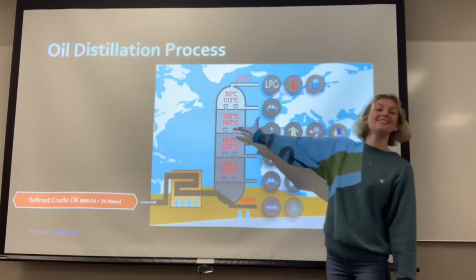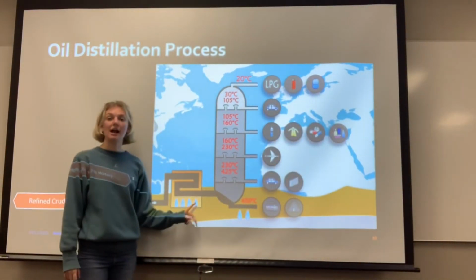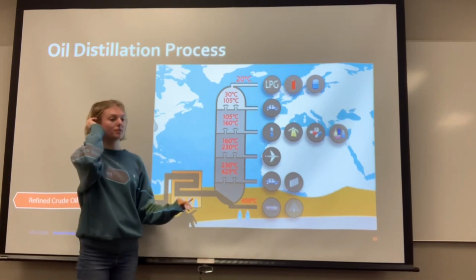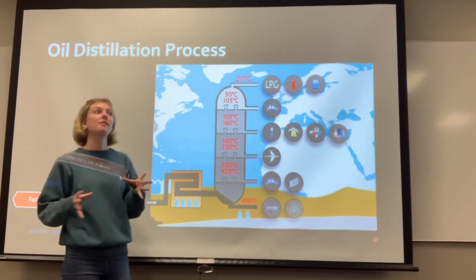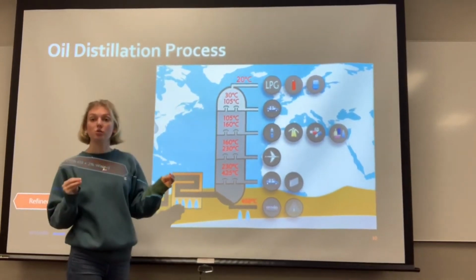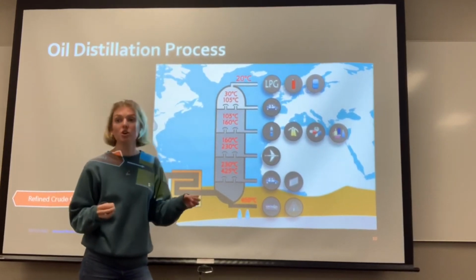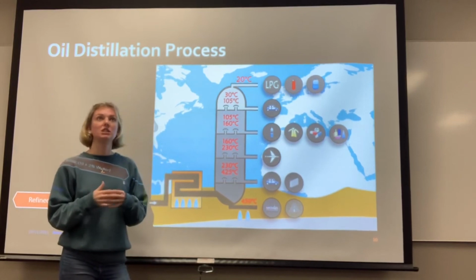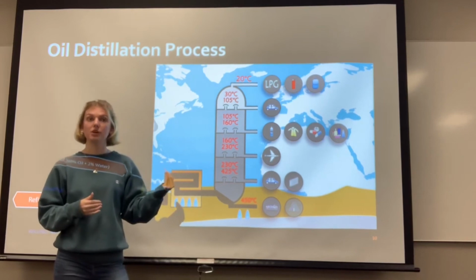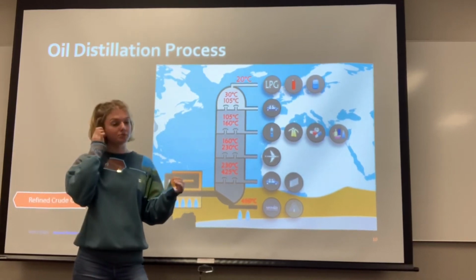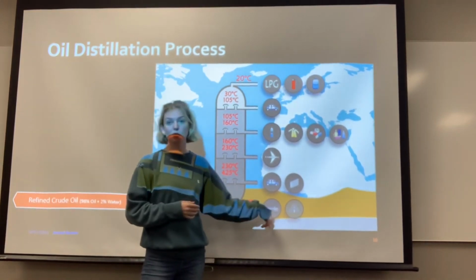So then we have the oil distillation process. Here we take the refined crude oil and we heat it up. Remember, I mentioned that this crude oil is a mixture of hydrocarbons, and these hydrocarbons have different sizes. The largest molecules have a high intermolecular force, which gives them a high boiling point, and that turns into heavy fuels.